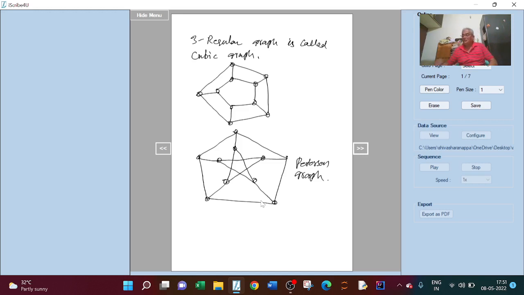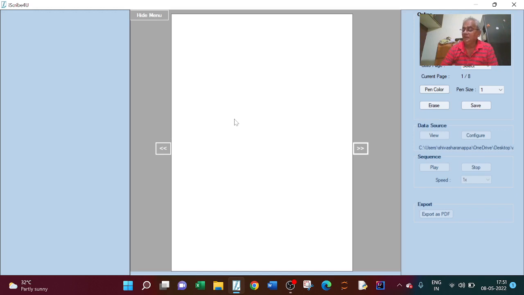Next, usually we write like this: a PQ graph. That is a graph with P vertices and Q edges.